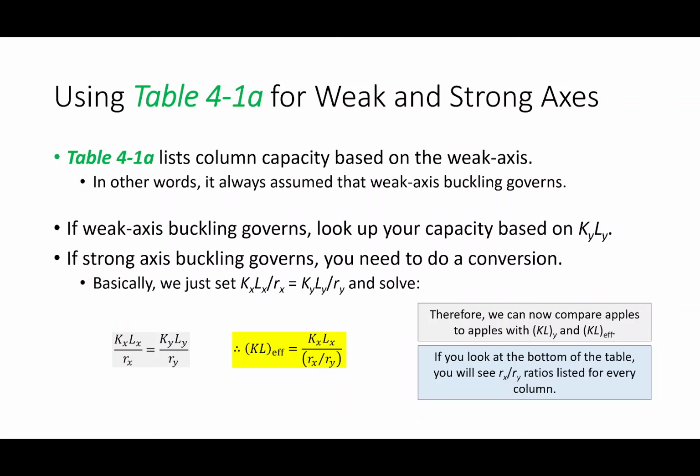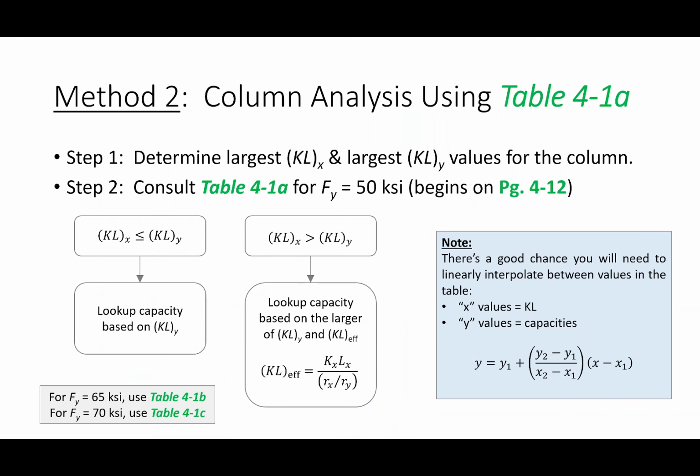And so the idea is that what you could do is if the weak axis governs, just look up the value for the y-axis. But if the strong axis governs, you have to take the strong axis and you sort of have to convert it a little bit to sort of an apples to apples comparison. And so what you do is you divide it by the ratio of rx over ry, which by the way is at the bottom for every section in the table.